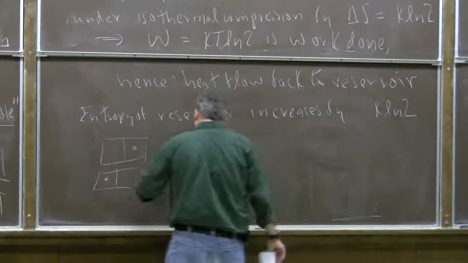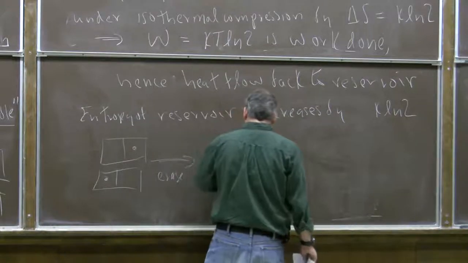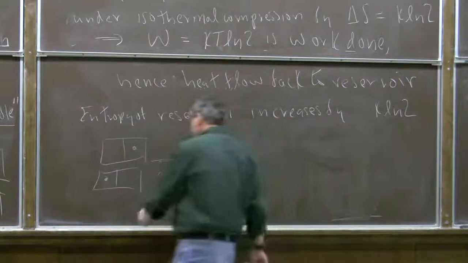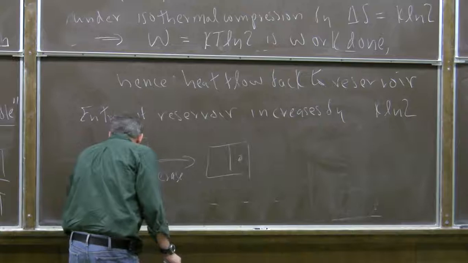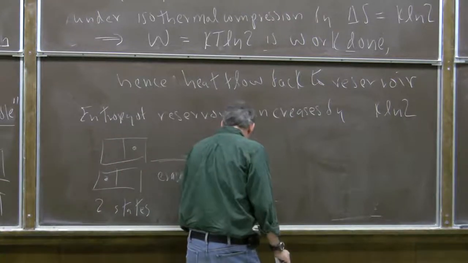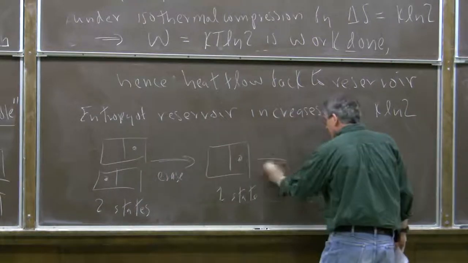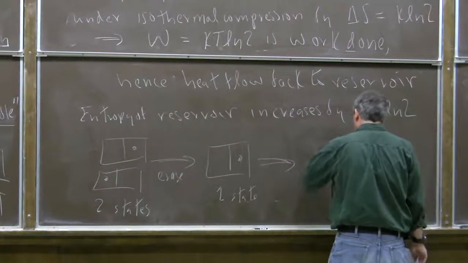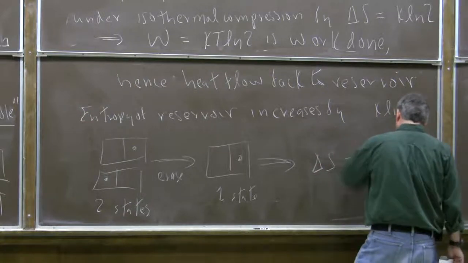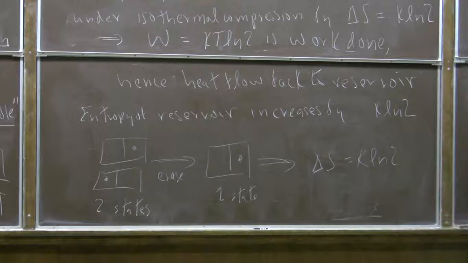When we erase, no matter what, we want it to be here. And here there were two states. Here there's only one. We've lost one bit of information, and so we've reduced the entropy by K log 2, and there's no way we can get around it.